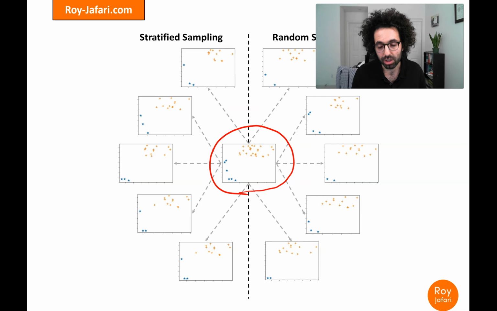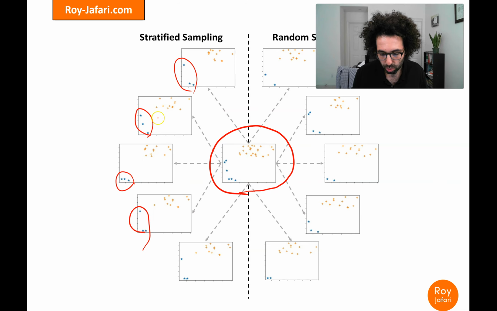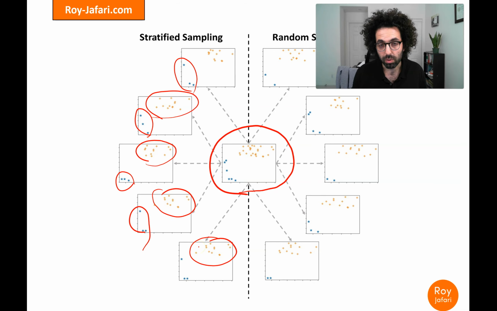To keep that ratio the same, when we are sampling 15 out of 30 data objects, we have to always make sure that we get 3 stars and 12 plus signs. And this is to just make sure that the ratios of the subpopulations in the data set are maintained.